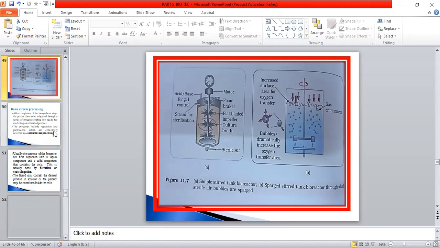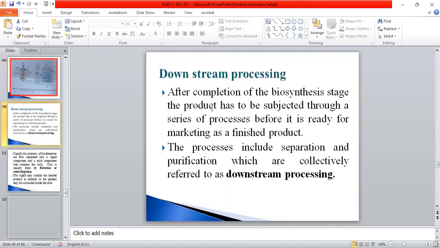Okay, and then another important process is called the downstream process. Downstream process means after the completion of the biosynthesis stage, all the substrate molecules have been utilized by the microorganisms and it will be eliminated. We cannot remove it from the upper side, it only comes out from the lower side.